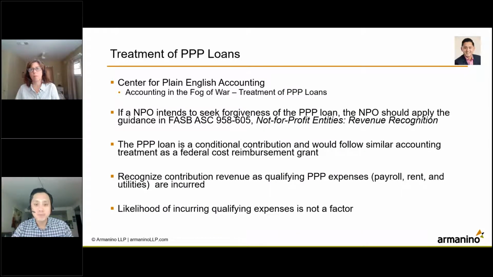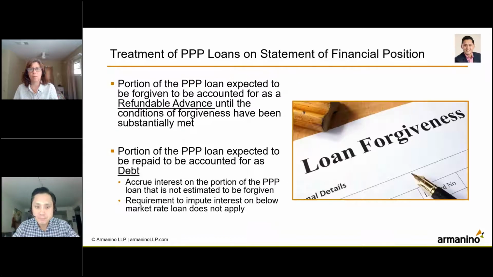Okay. Important to note that the likelihood of incurring a qualifying expense is not a factor, and that's because that probability assessment does not apply under 2018-08. All right. So on your balance sheet, you would treat the portion of the loan that is expected to be forgiven as a refundable advance.